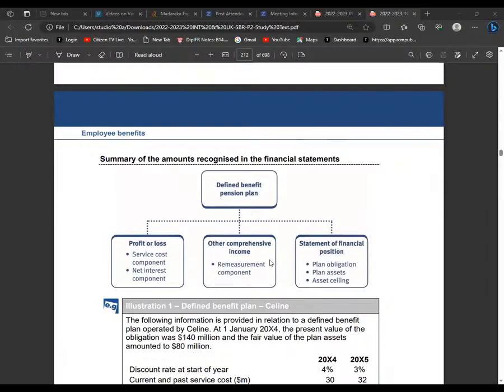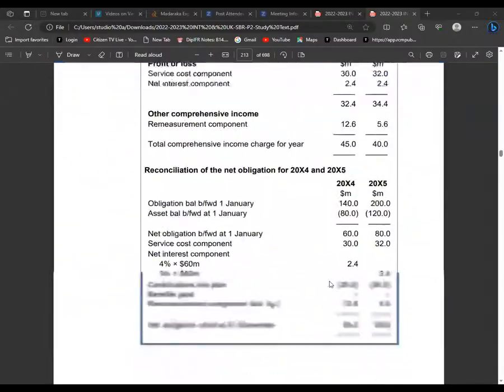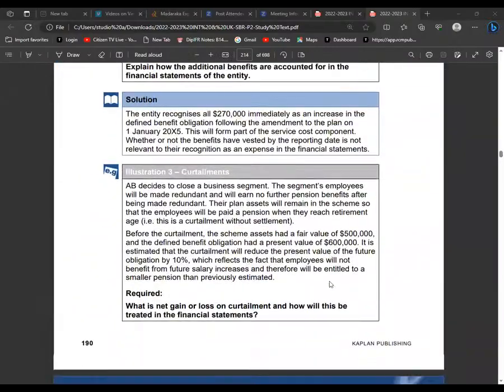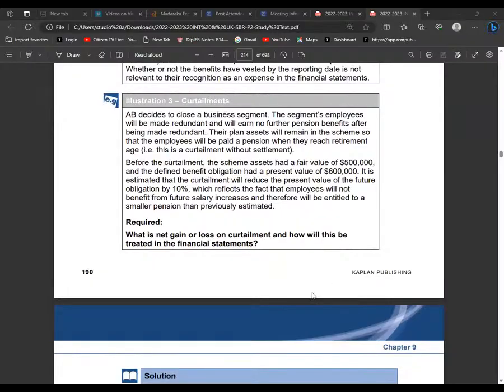Then we have other comprehensive income, where you take the remeasurement component, which is the actual gain. And then we have the statement of financial position. We have the plan assets, the plan obligation, or the net of it, and then what we call the asset ceiling. I will explain what asset ceiling is later, after I finish tackling this curtailment. We'll understand by doing this question.